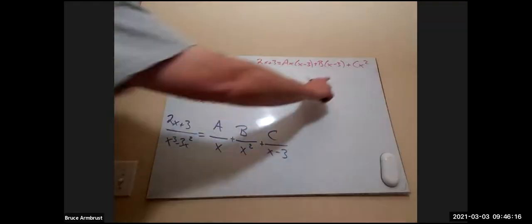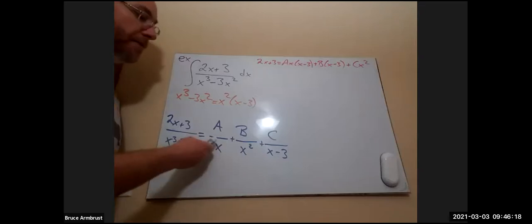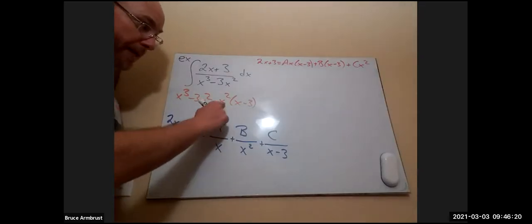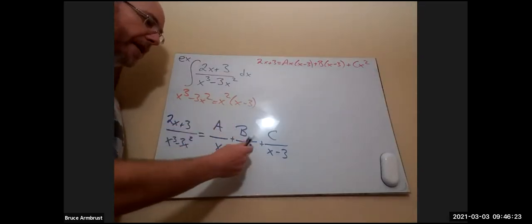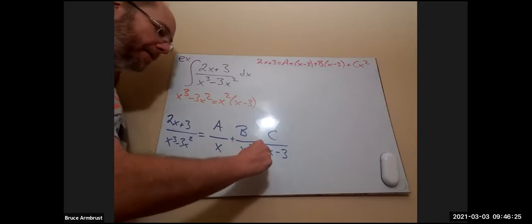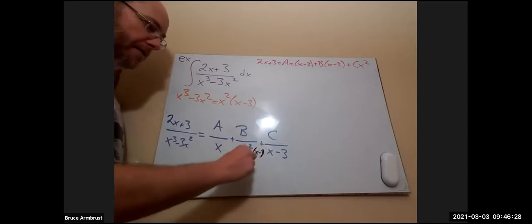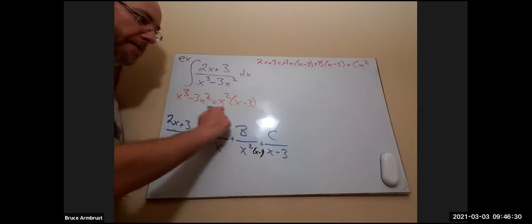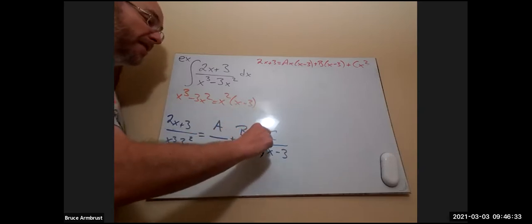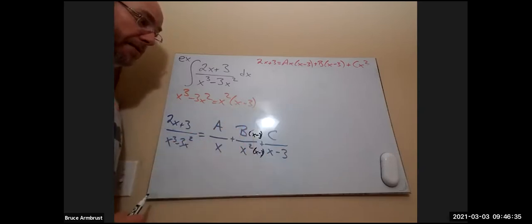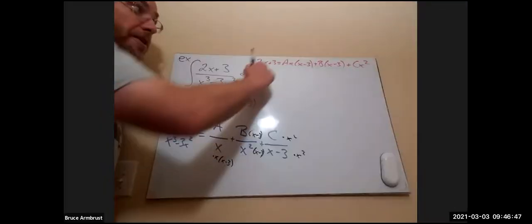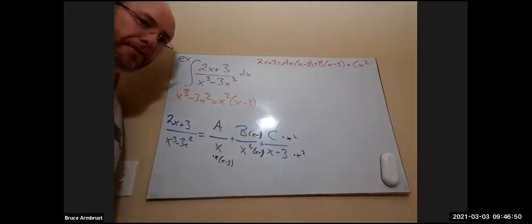No, it's actually just going to be x minus 3, because think about if you were to build this up, I want to get x squared times x minus 3, I would need to multiply the bottom by x minus 3 to get this denominator. So that's all that it's going to get on top. Okay, that makes sense. Right? The last one needs the x squared, and this one's missing an x and an x minus 3. So that's where all these are coming from, is just the building it up.